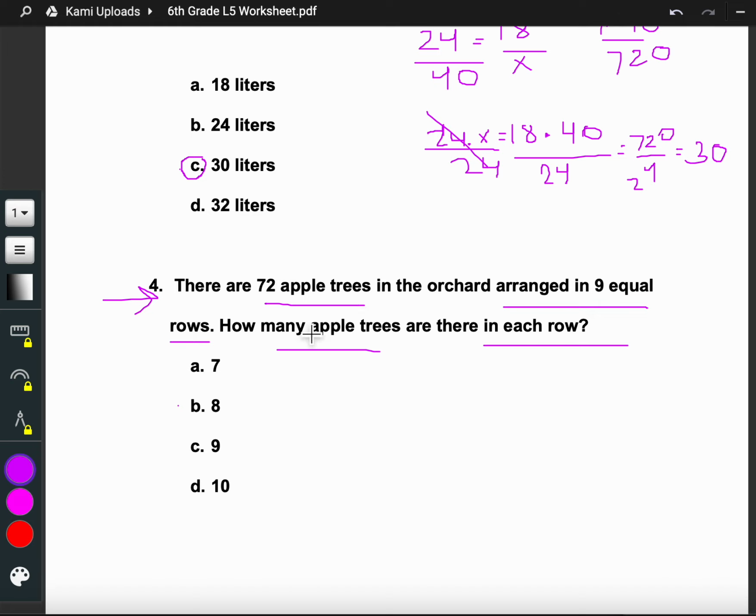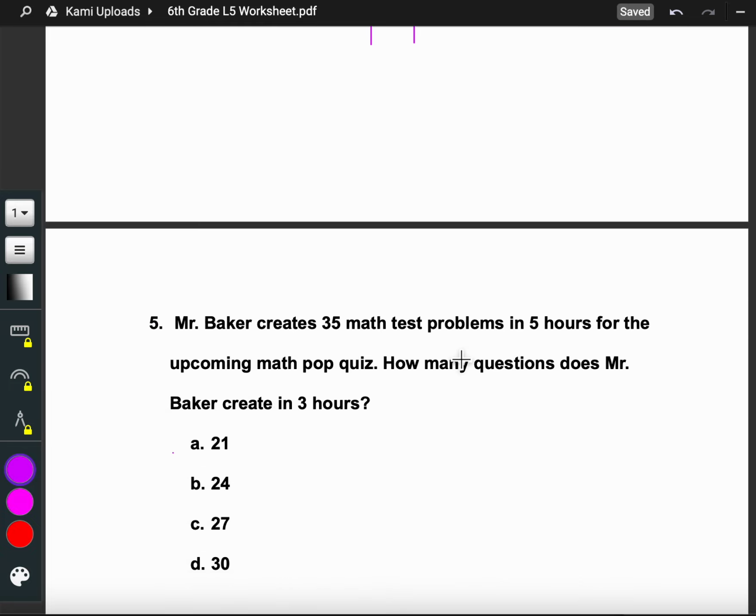So we know that there's 72 apple trees, but how many are there in each row? So there's 9 rows. How many are there in each one? That's what they're trying to say. So for that, you need to divide. So just 72 divided by 9 should be 8. So the answer should be 8. 8 apple trees are in each row because 8 times 9 is 72, which is pretty simple because it's division.